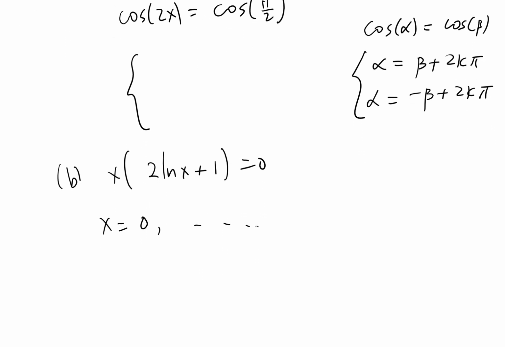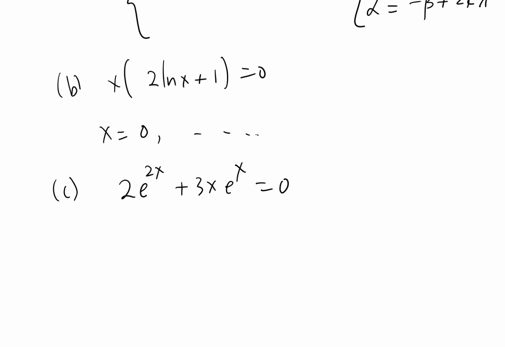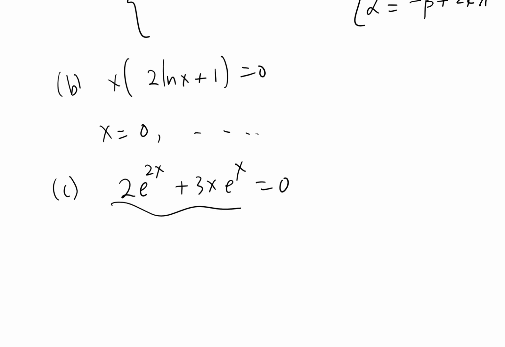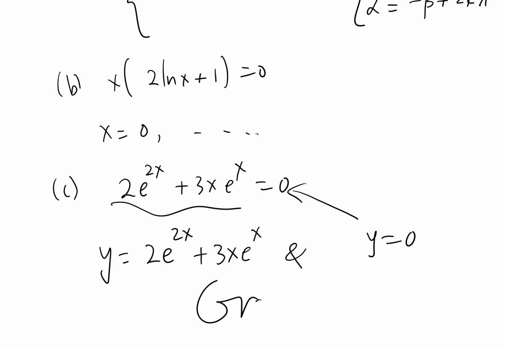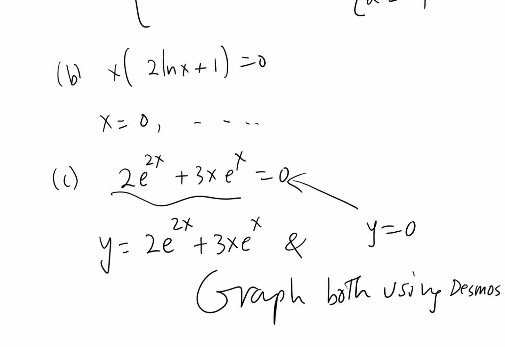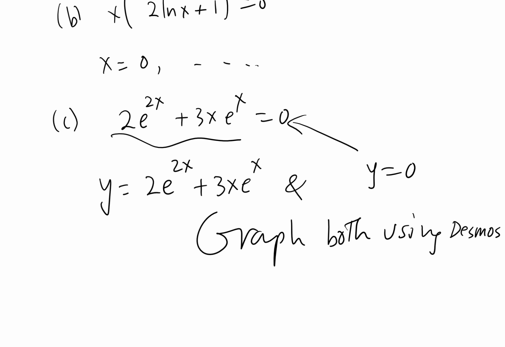For C, you factor, let me see, 2x plus 3x e to the x. There are so many ways to do this. One way is to assume this is a function y equals 2e to the 2x plus 3x e to the x, and this one is y equals 0, and graph them using Desmos, and then see where the graph intersects the x-axis.